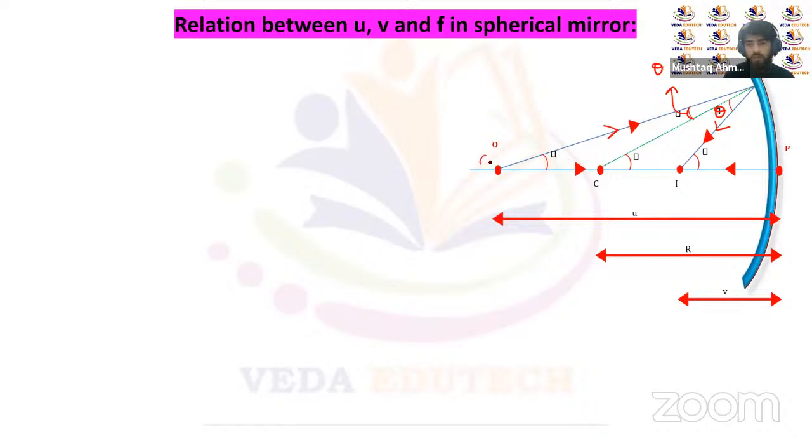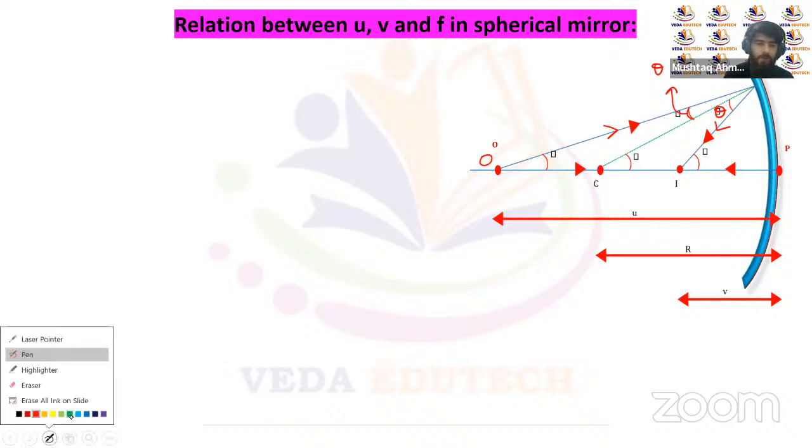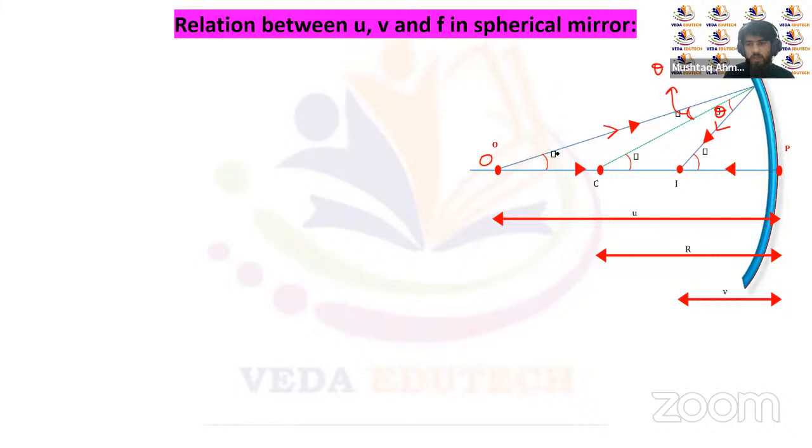This is the object here, and this is the image point. Now you can see here, let's suppose this angle is alpha, this angle is beta and this angle is gamma. Now, talking about the paraxial approximation, once again we'll be using the paraxial approximation here.